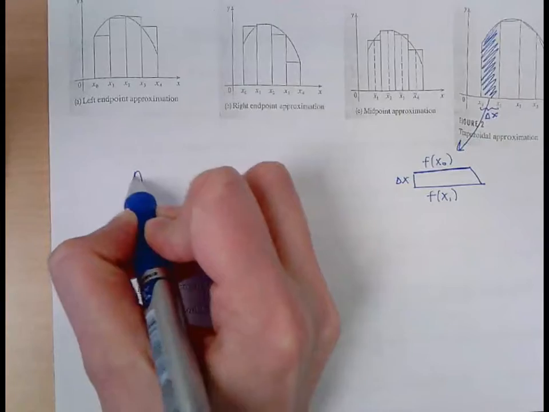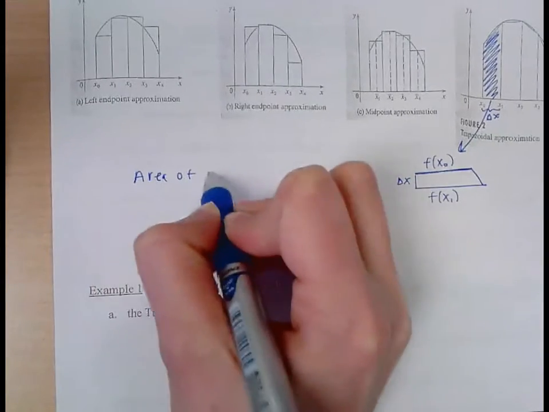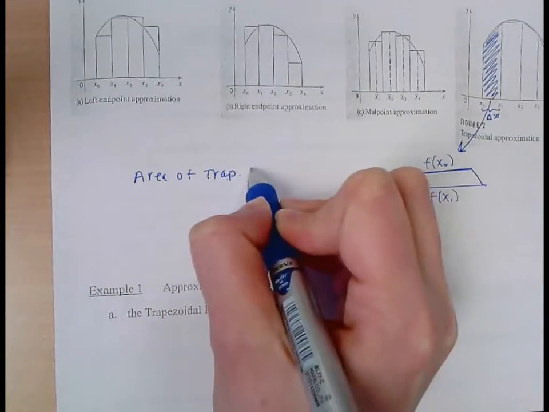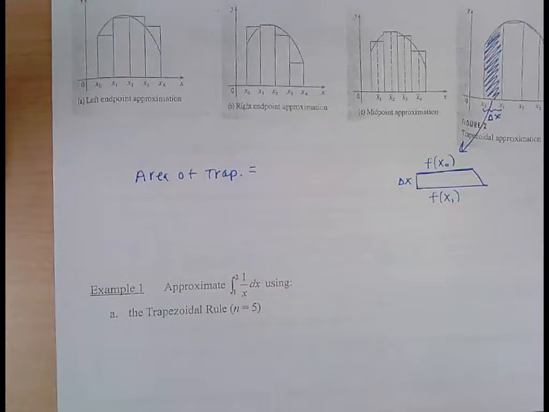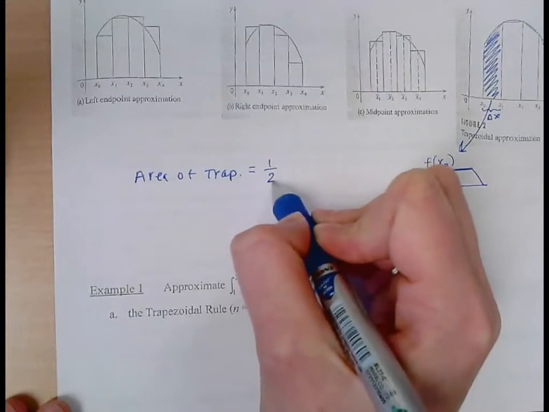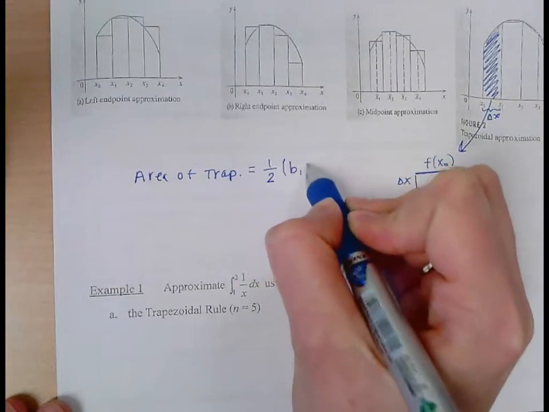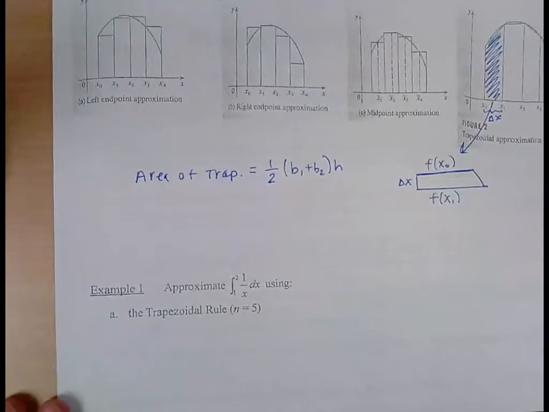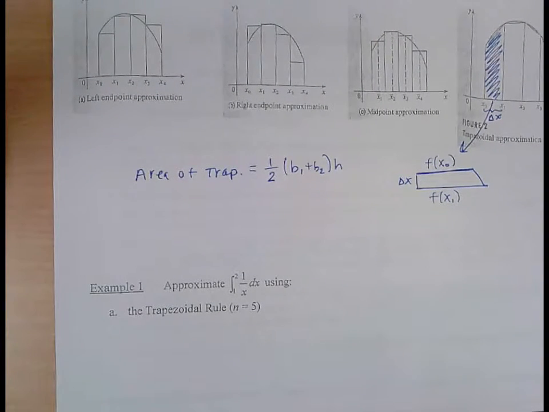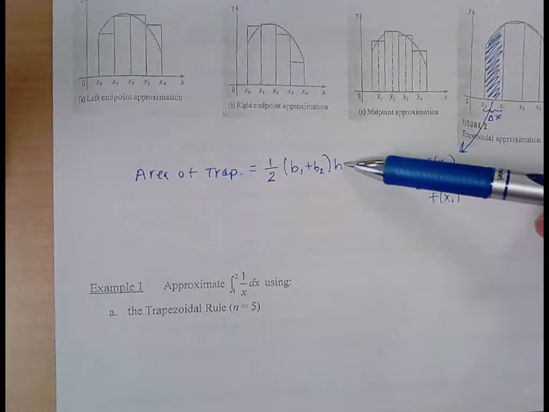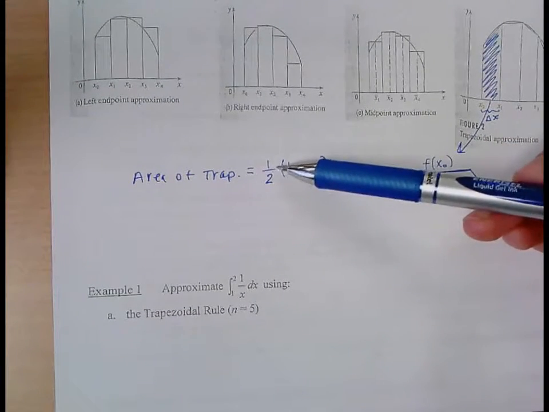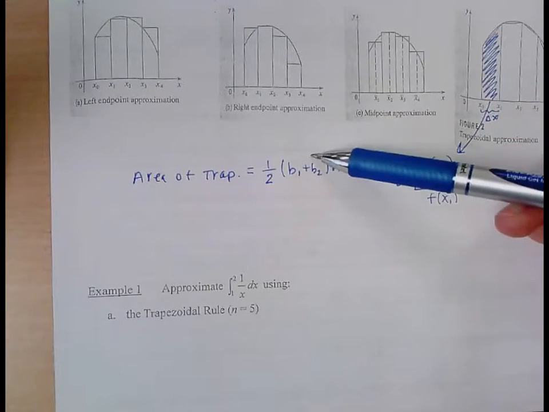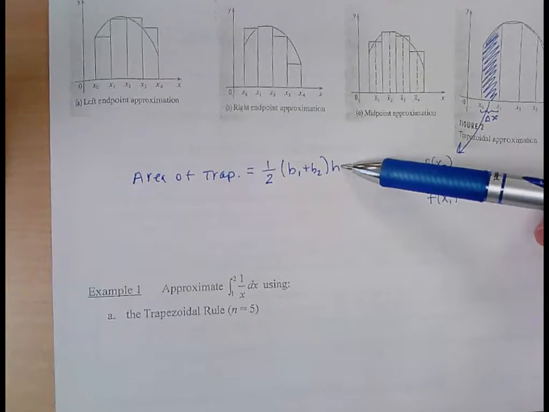How do you find the area of a trapezoid? This is the area formula. There are different ways to write it, but it's half the sum of your bases times your height.